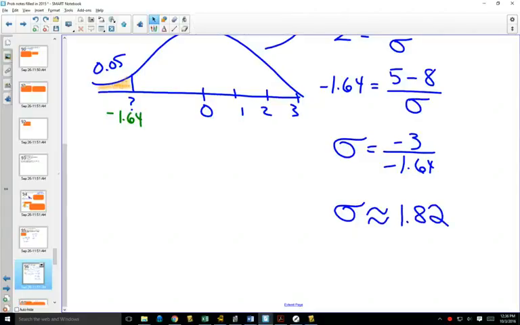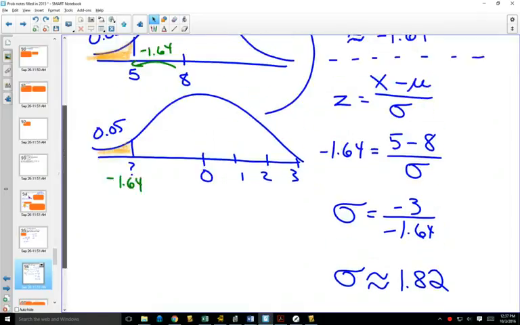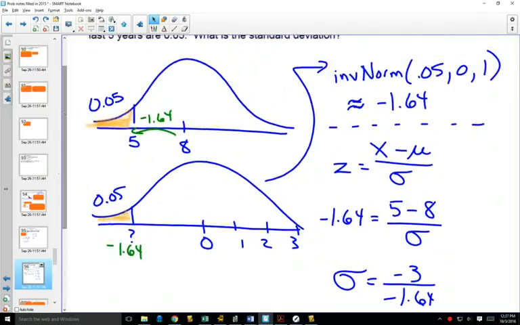So these are probably the most complicated questions if they're asking you to either find the mean or the standard deviation, and they give you some data. Almost always you'll have to go from the data you're given to put it into a standard normal curve. Because in a standard normal curve, if it's a 5% chance, it's always going to be 1.64 standard deviations below the mean.